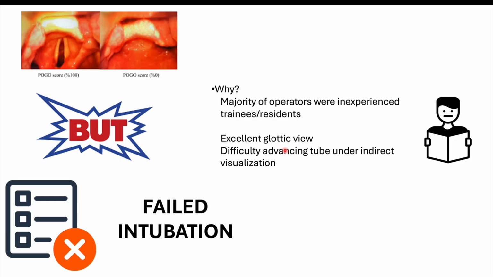The major reason for this was that the majority of the operators were inexperienced. They were trainees and residents. They were not well versed with the use of the video laryngoscope. The video laryngoscope used in this trial was the McGrath video laryngoscope, hence the name Macman.